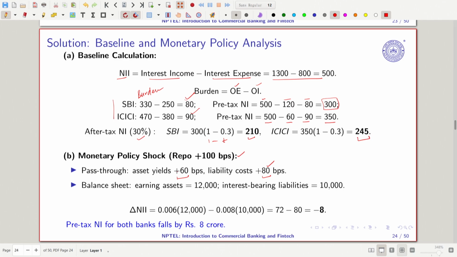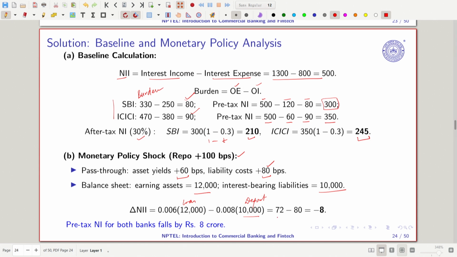So as a result, you can see it will incur the losses. On the balance sheet, earning assets are 12,000 and interest bearing liabilities are 10,000 crore, for example. So net interest is how much? It is 0.006 into 12,000 minus 0.08 into 10,000. So this is the loan, this is the deposit.